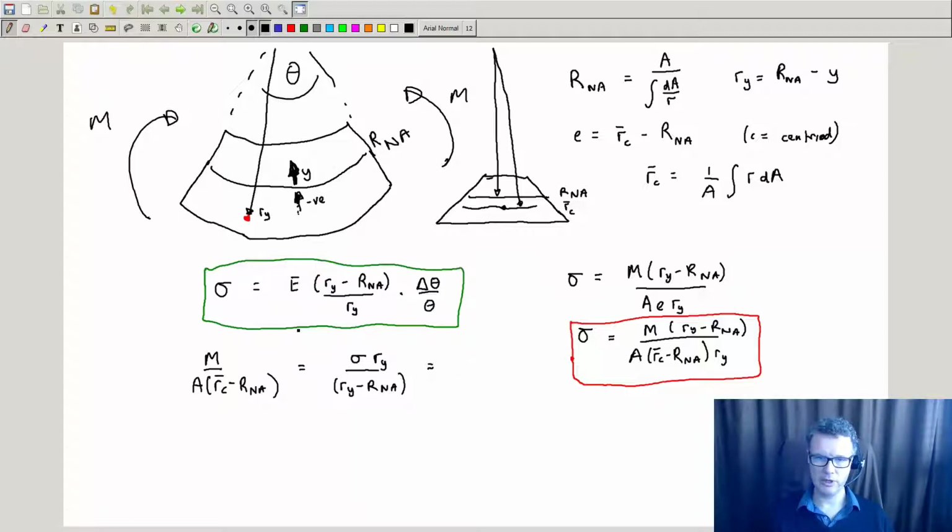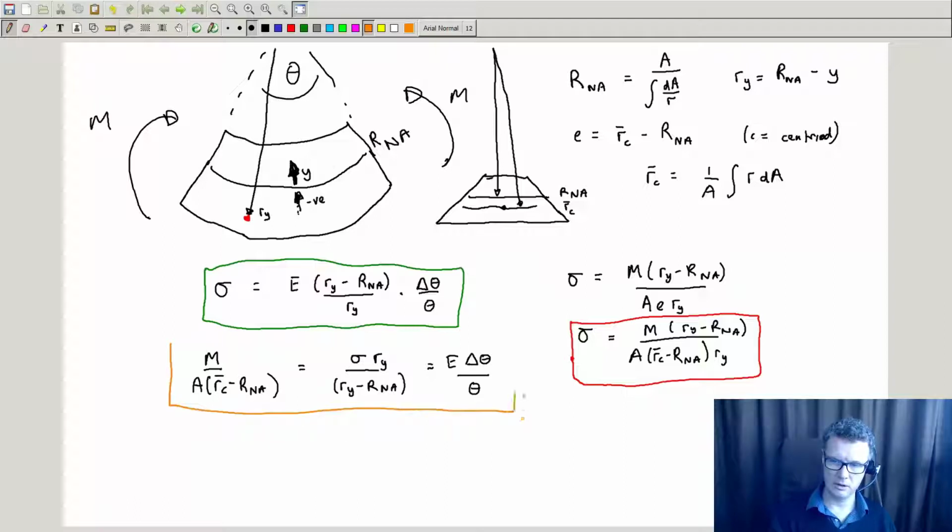So I can see bringing my ry up, my ry take away neutral axis down, then that leaves me with E delta theta over theta. So that's a little bit different to the expression that Arnold's got in the notes. So I'm not 100% sure whether that's correct. It does look a little bit more elegant.